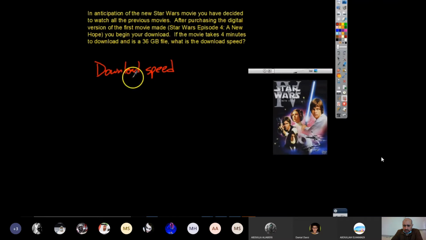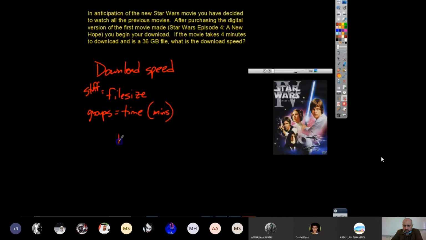We're talking about download. So it's going to be the rate at which I can download the file size. File size is my stuff, and speed, the group is always going to be time. In this case, time is minutes.